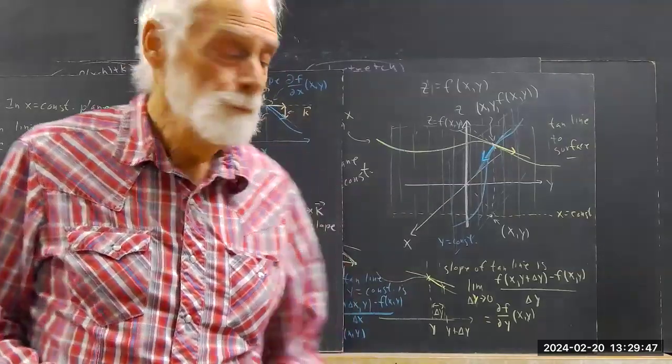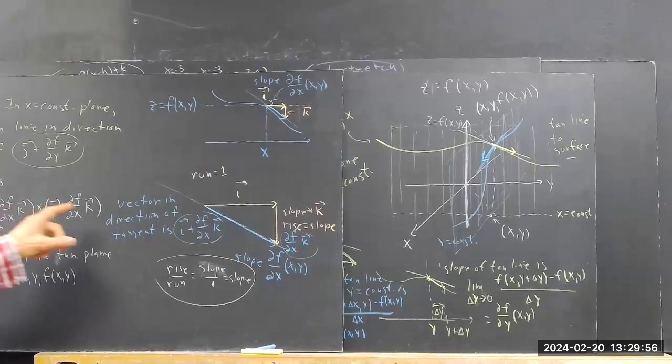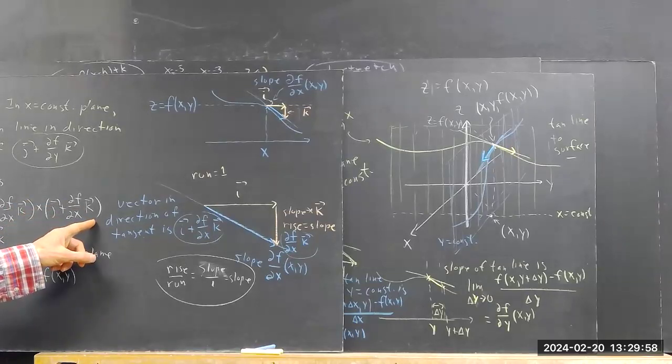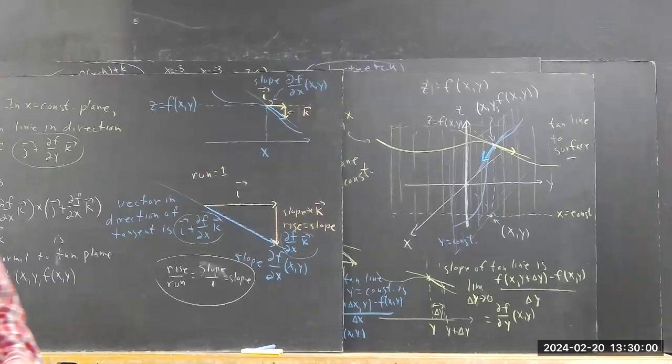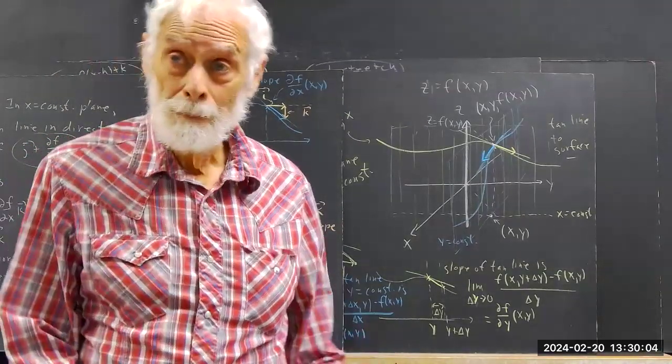Okay, first of all, distributive law applies. I cross J is K. Okay. Then I cross K is, here's I, here's K, there's negative J, right?